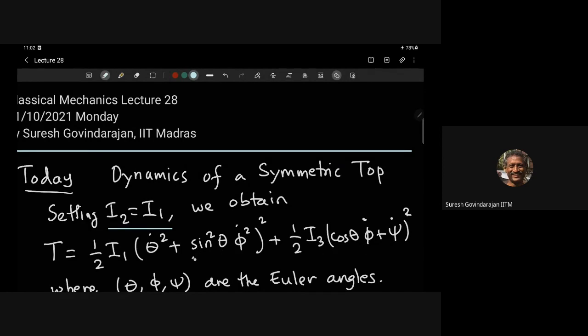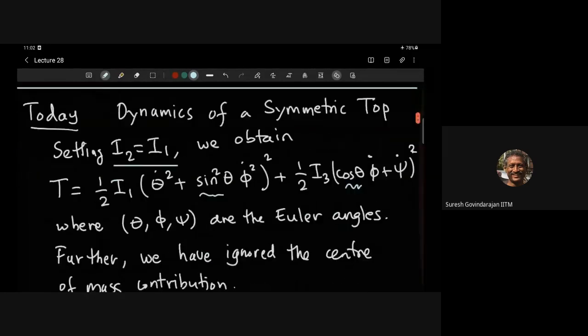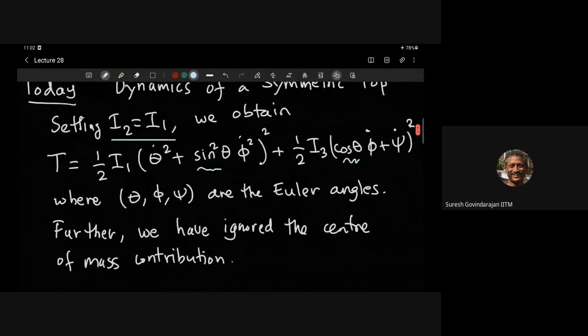But you see only the appearance of the variable theta, but no dependence on phi or psi. Here, of course, phi, theta, and psi are the Euler angles, and I have not written out the center of mass kinetic energy either. That we can put in.